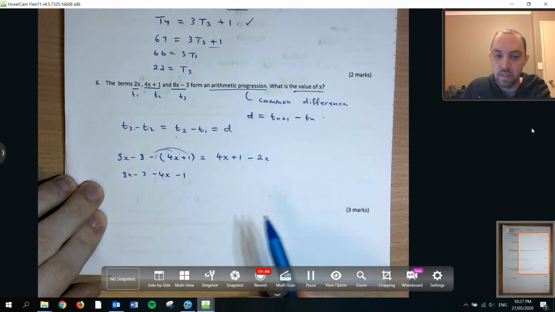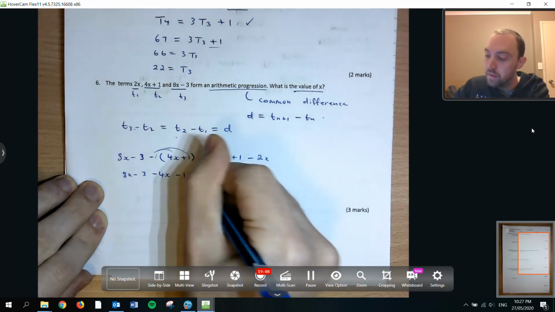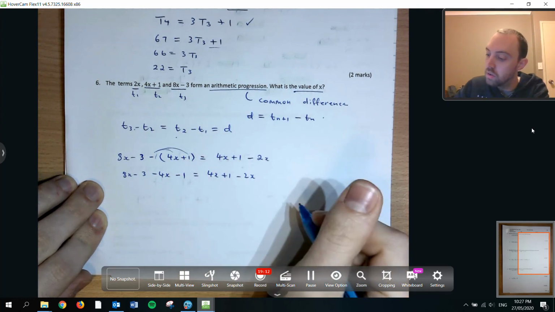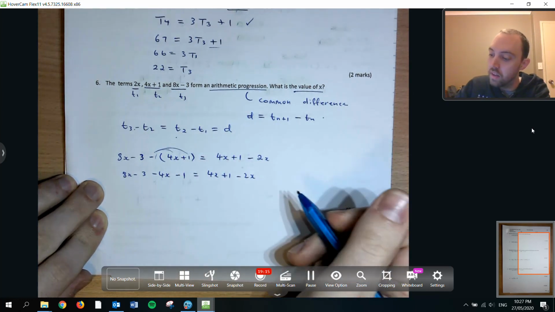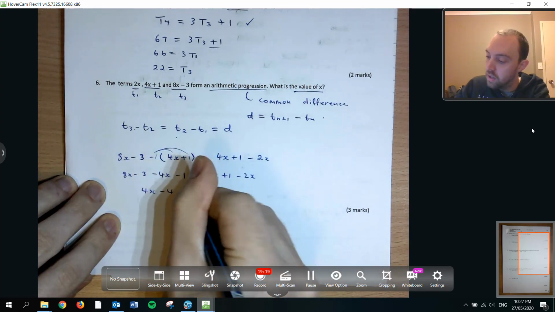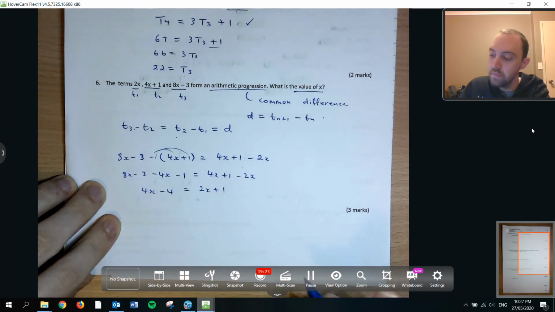And that's going to affect things later on. That's where the mistake is going to happen. 4x, add 1, take 2x. I'm going to collect like terms, so I've got 4x, take 4 on this side, and 2x, add 1 on this side. Get x's to the one side is my next goal.